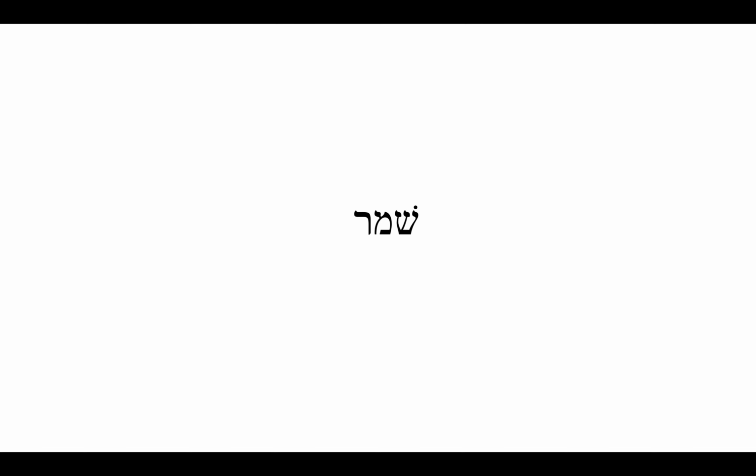And our final root is Shamar, which means to keep, as in to keep a law or to observe something diligently. It can also be watch in the sense of, we talk about maybe somebody being a keeper as sort of a guard or responsible for something.